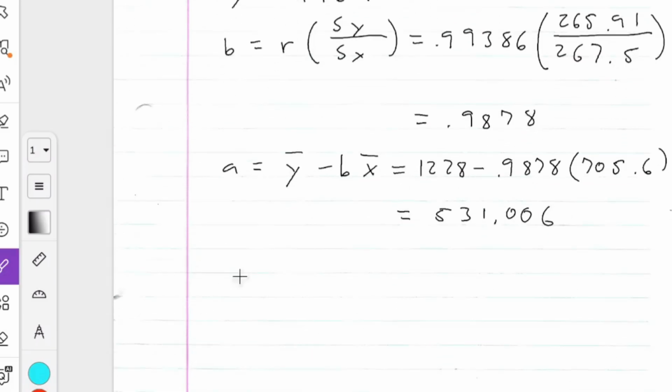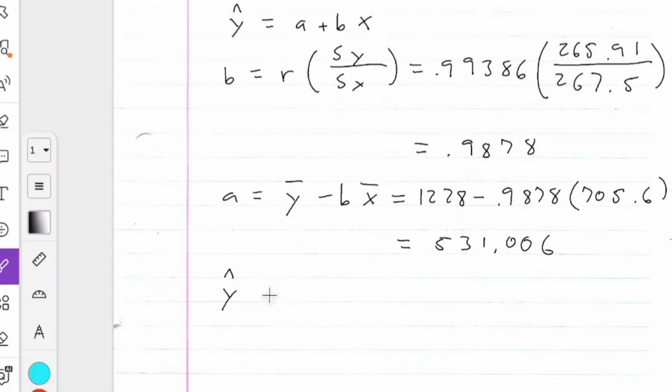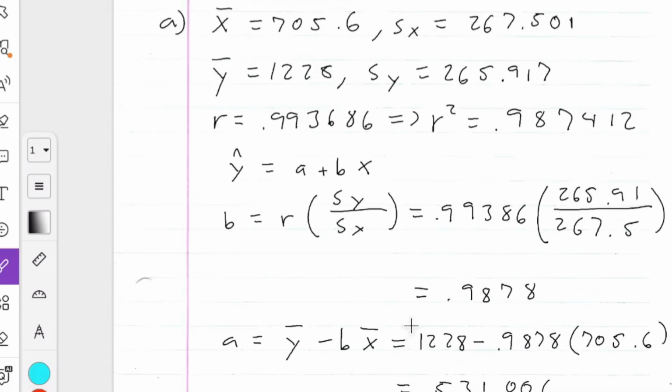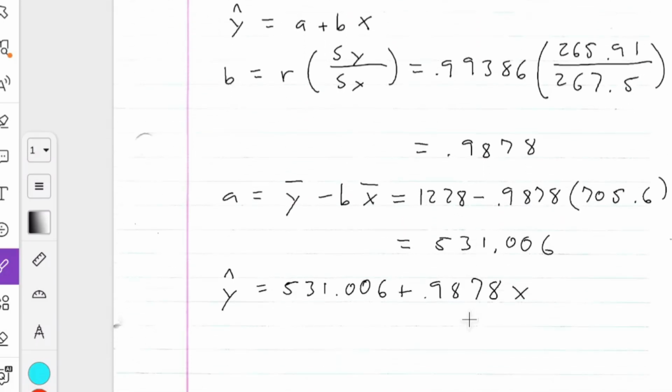So our regression line is 531.006 plus 0.9878x. So this is our regression line for our table.